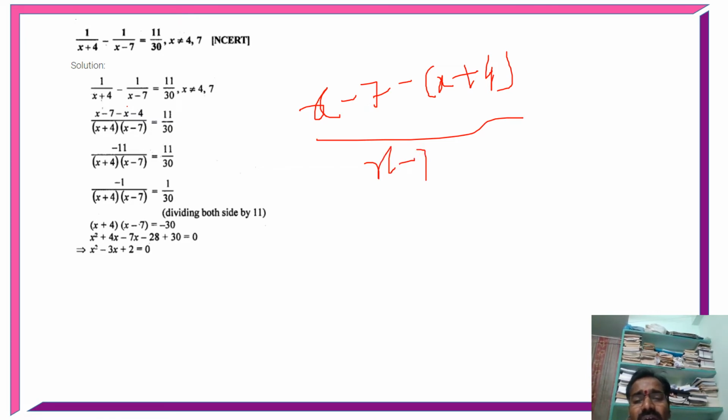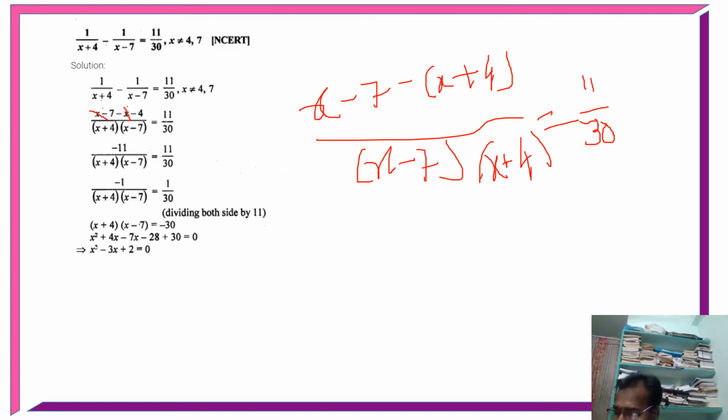But here, in the numerator, if you observe, a minus symbol is there. When we multiply by the minus symbol, the symbol will change, students. So according to that, my symbol will change, and here minus x and plus x get cancelled. So after simplification, this 11 and 11 also cancel each other.